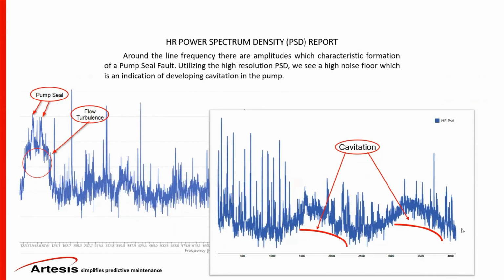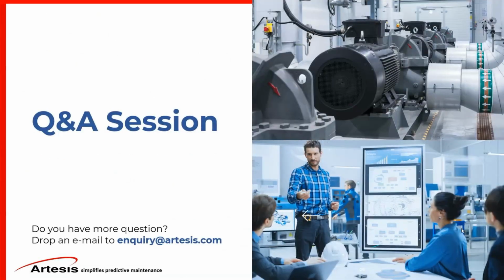So this is the end of our webinar, but before closing and getting some questions, I would like to summarize once again. Using only voltage and current analysis, you can have a comprehensive one hardware and software solution for diagnosis of electrical and mechanical issues together with process changes.